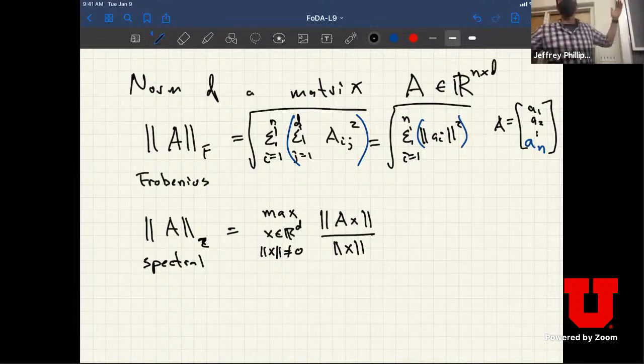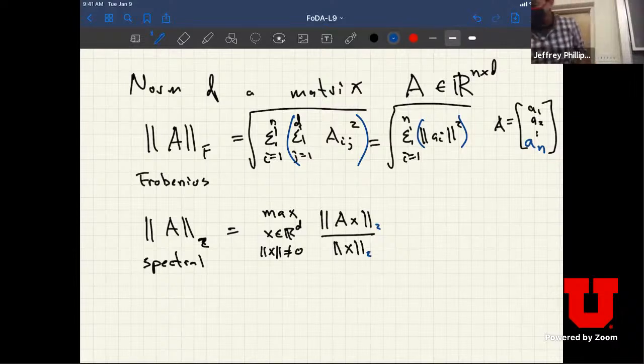And it's a vector, so I can take a 2 norm again. Implicitly, this is a 2 norm here. And then I divide by the length of the vector, so I can take out the scale of the vector. I could have assumed x was a unit vector, over all unit vectors here. But I'm saying the maximum I can get by multiplying by any vector.